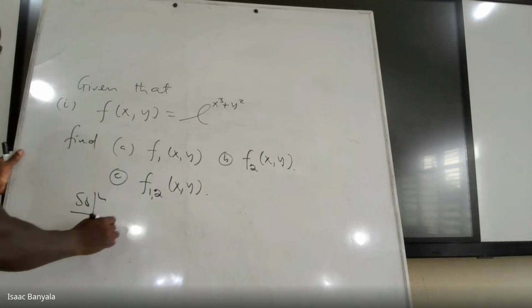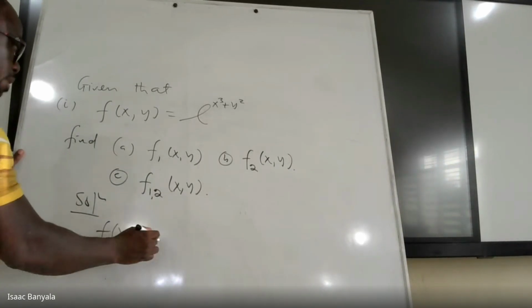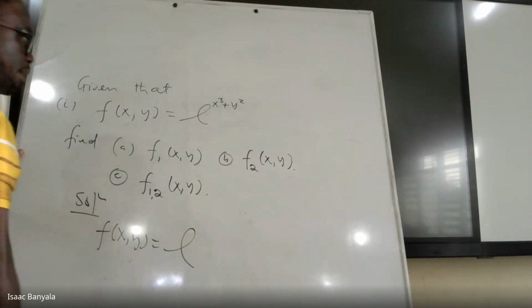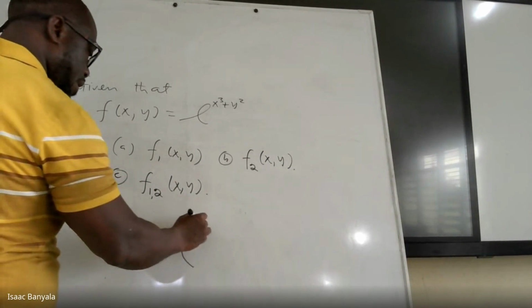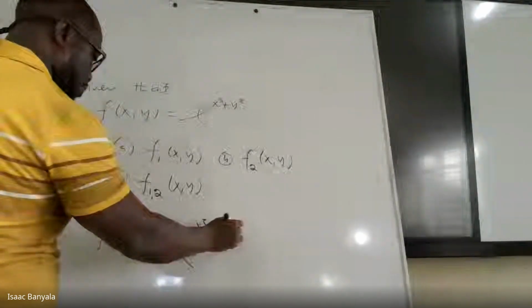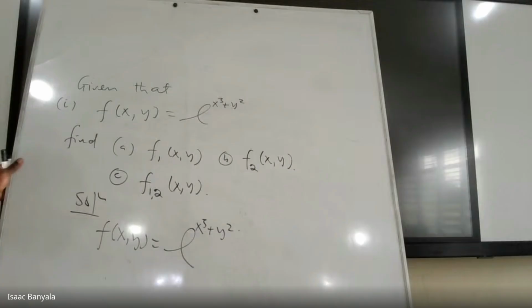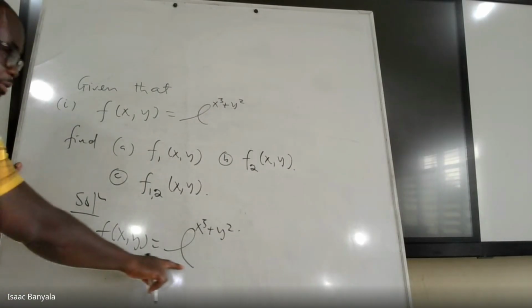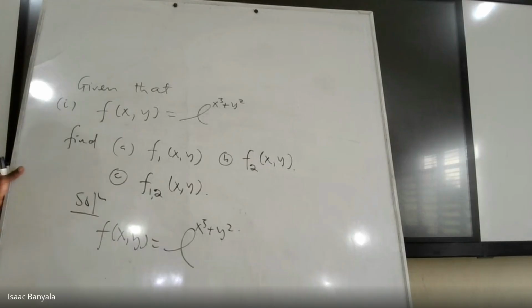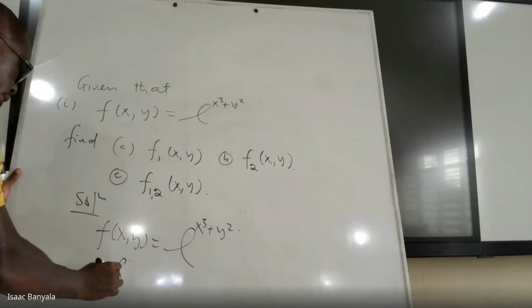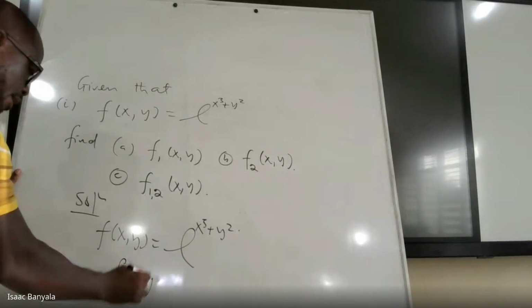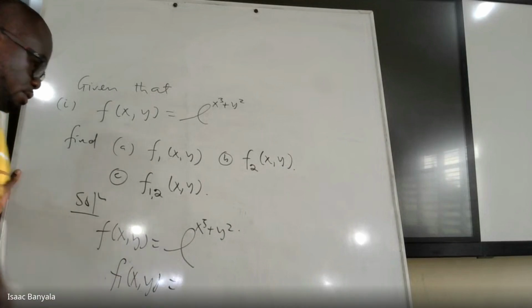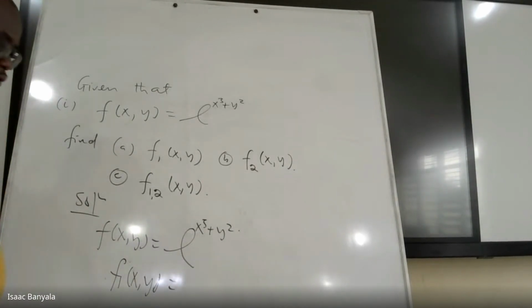We are given f of x, y equals the exponential function e to the power x cubed plus y squared. I'm going to differentiate this with respect to x. So f1 of x, y is equal to, what am I to do?